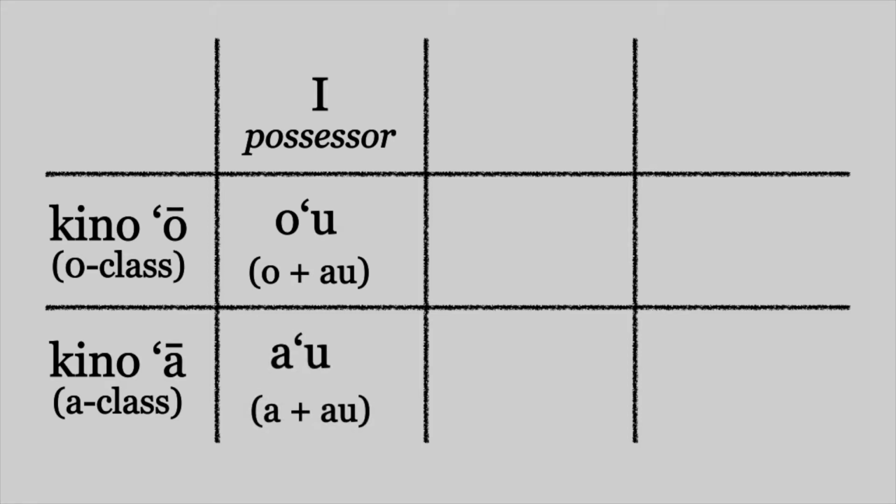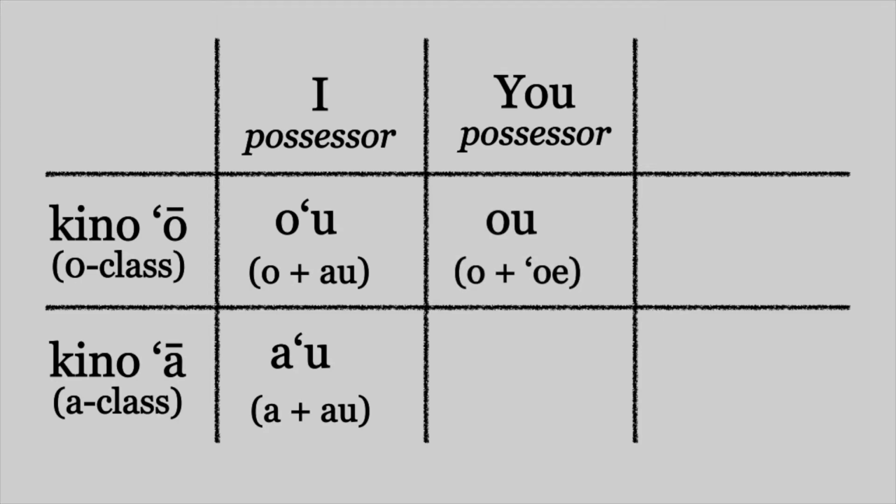If the possessor is I, and the thing being possessed is an O class object, o plus the pronoun au contracts to ou. If the thing being possessed is an A class object, the possessive a plus the pronoun au contracts to au. When the possessor is you, singular, and the thing being possessed is an O class object, the possessive o plus pronoun oe contracts to o.